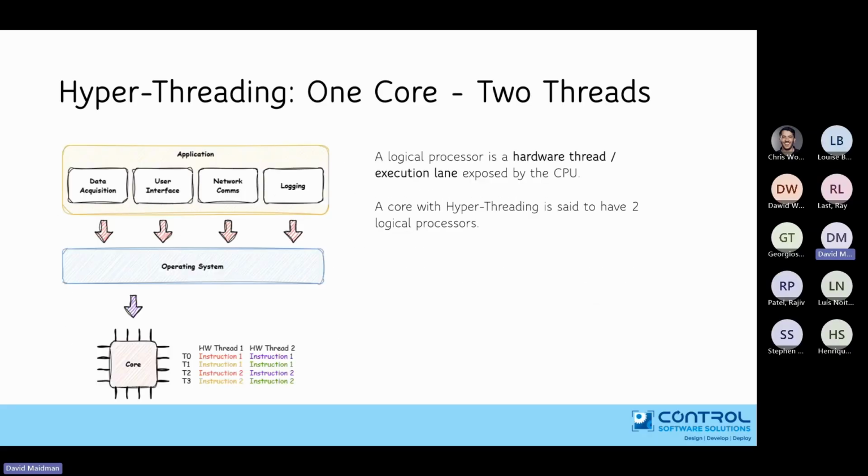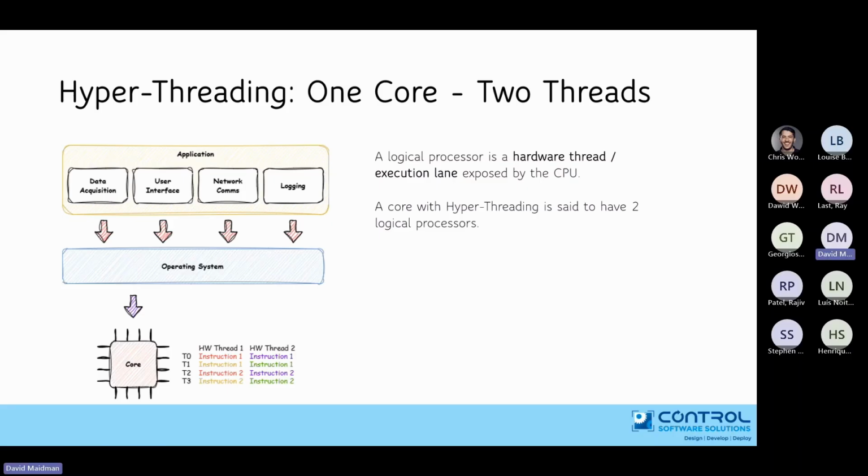The way that appears, the operating system actually sees two processors, which we call logical processors. So there's a single core in this case that has hyperthreading, with two execution lanes exposed.